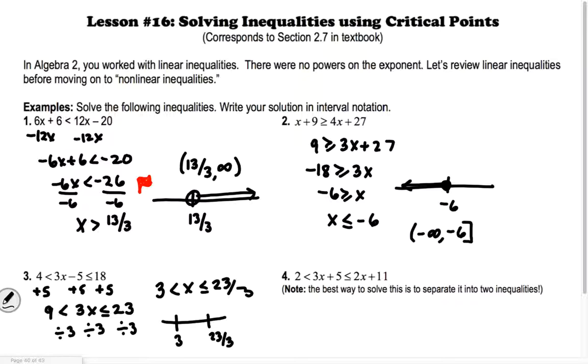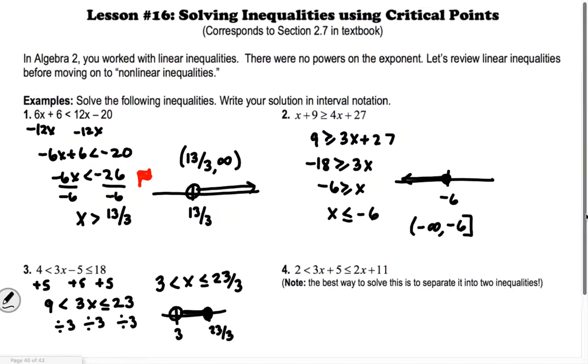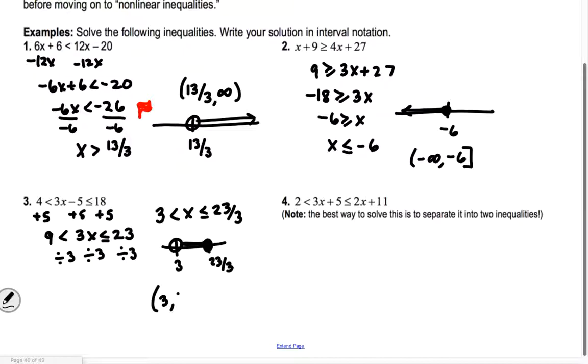You can make sure 23 over 3 is bigger than 3. It is, right? That's a weird 3. Then we have open on the left and closed on the right side and everything between. So it ends up looking like parenthesis 3 to 23 over 3 with a bracket.